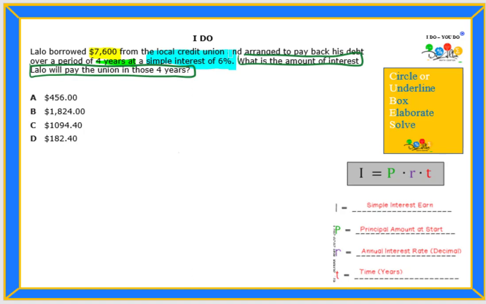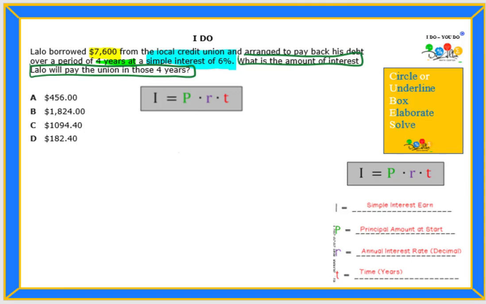You can see here in our anchor chart, for simple interest, we use the formula I equals PRT, where I is the simple interest earned, P is the principal amount at the start, R is the annual interest rate in decimal form, and T is the time in years.